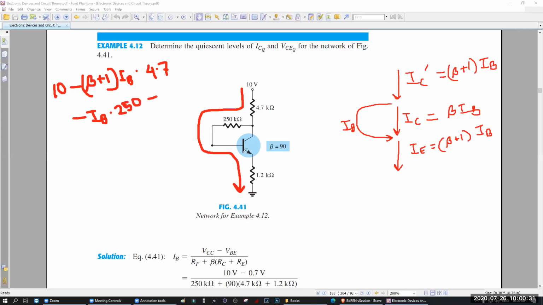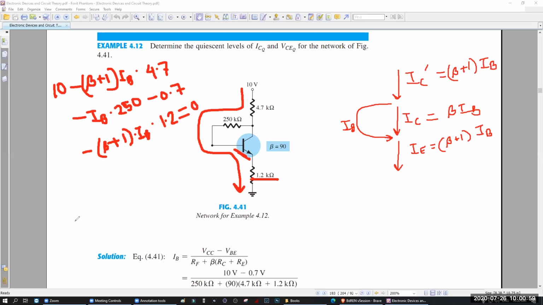Minus this drop, 0.7. Minus this resistance drop, right? How much is that? This resistance into IE, right? So we can call it beta plus 1 into IB into 1.2, equal to 0.